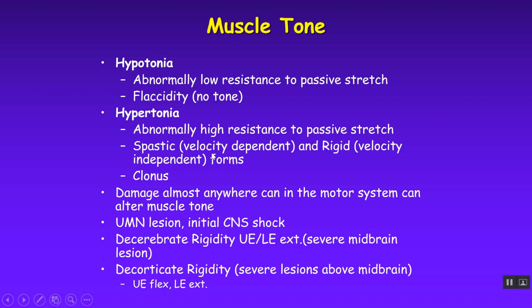Spastic hypertonia is when the faster you move the limb, the more resistance you encounter. Spasticity is velocity-dependent hypertonia. The faster I move your leg, the harder and faster I whack that reflex hammer on your knee, the bigger the reflex or the more tone I elicit when I try to move your limb through, because you're activating the muscle spindle.